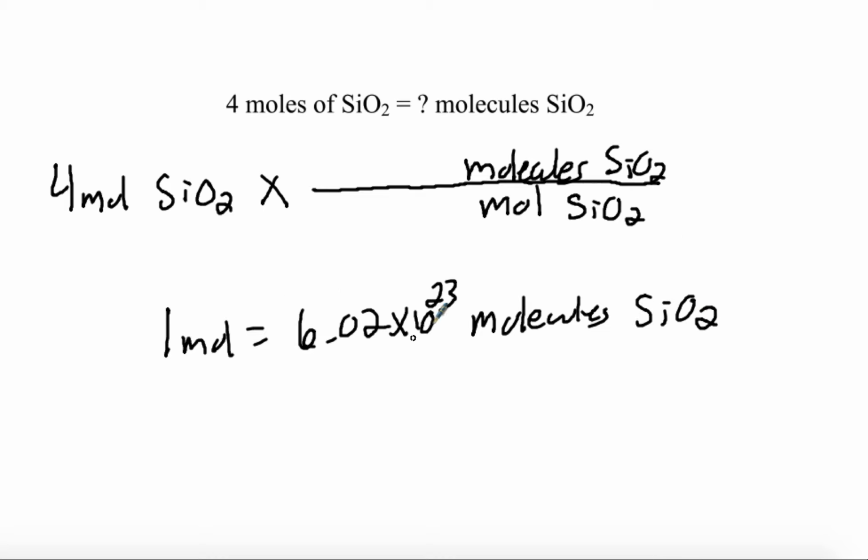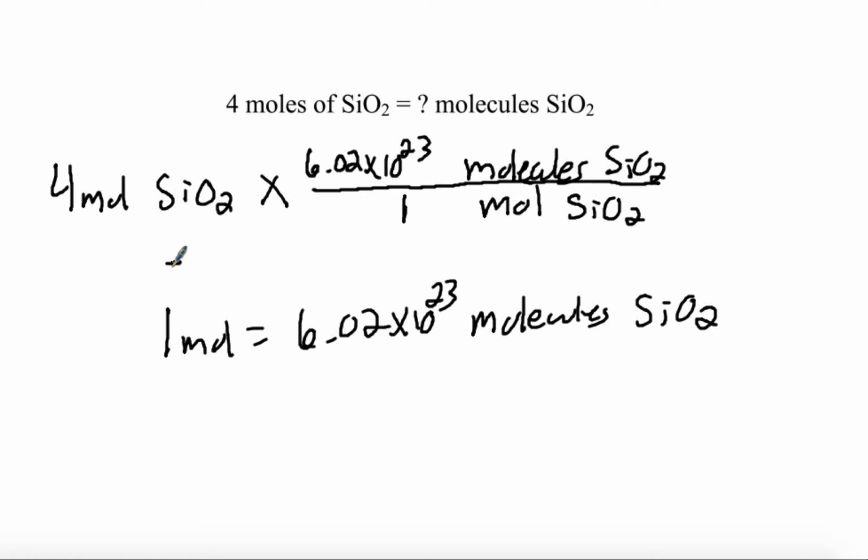So again, this Avogadro's number is used for anything. It's not really limited to one thing. It's just a way to count the particles. So if I have 4 moles, well, I know that I'm going to have 6.02 times 10 to the 23 molecules if I have 1 mole.